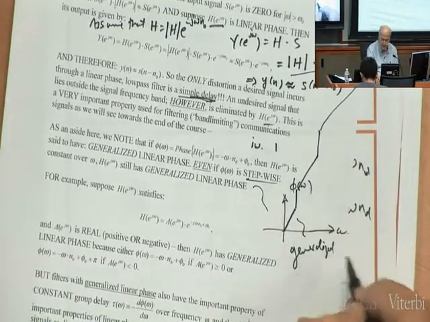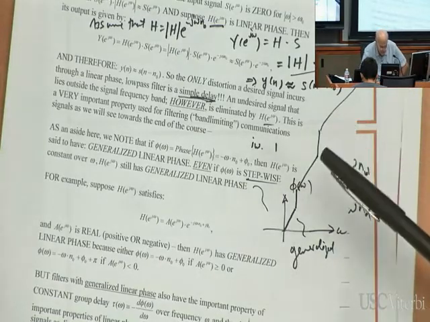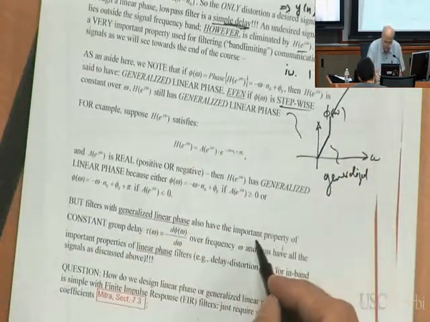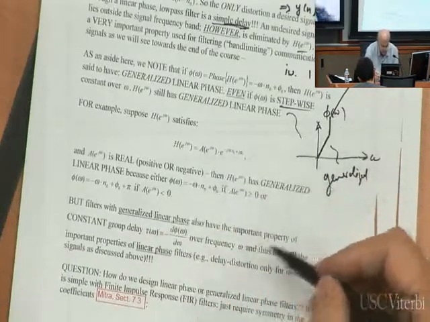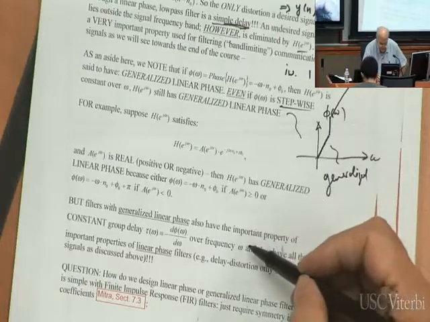It turns out that filters with generalized linear phase also have the important property of constant group delay over frequency omega, and thus have all the important properties of linear phase filters.